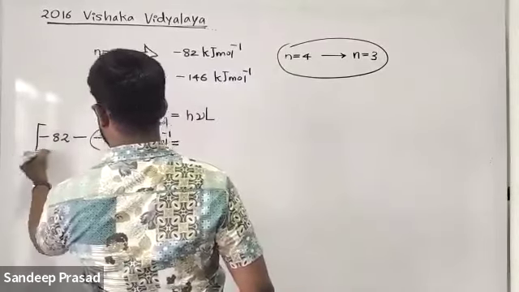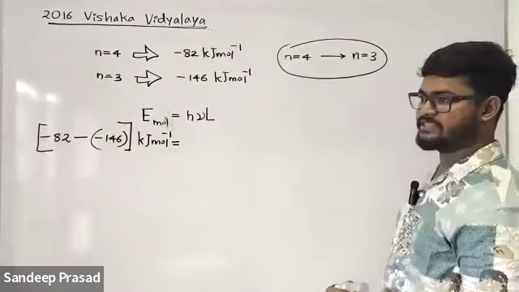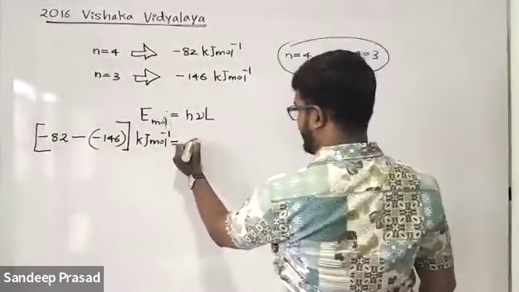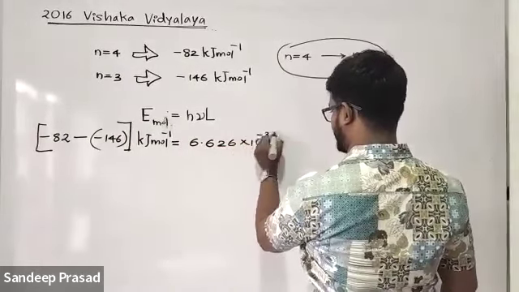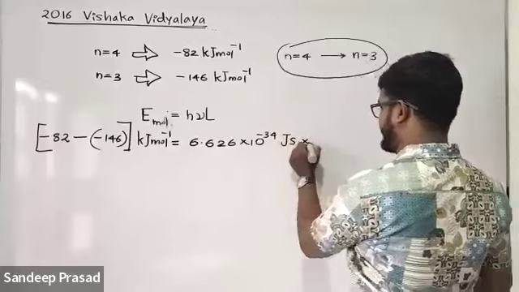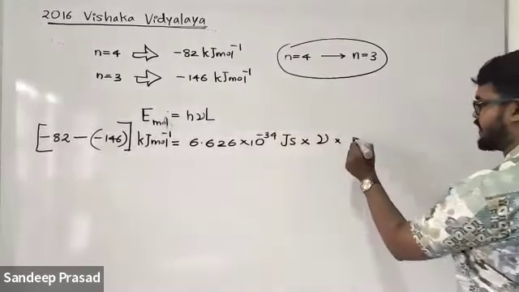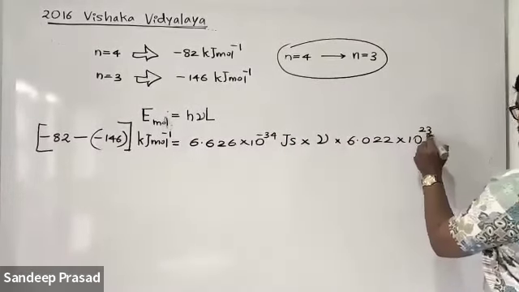Each spectral line represents the energy gap between the energy levels. Planck's constant is 6.626 times 10 to the power minus 34 joule seconds, and the frequency is what we are going to find. The Avogadro constant is 6.022 times 10 to the power 23 per mole.